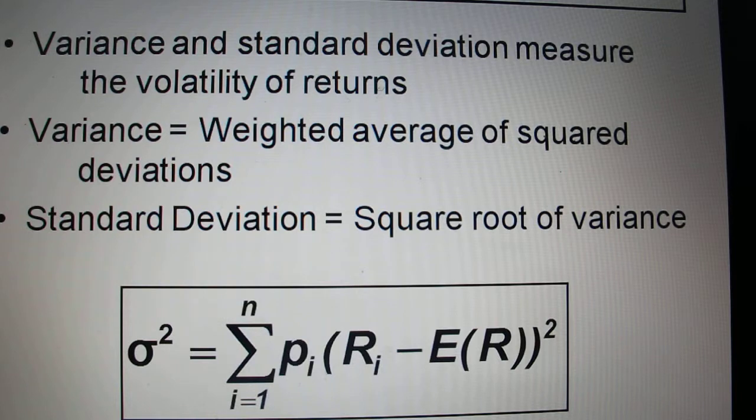So it's important to point out that these formulas are for forecast data and thus use probabilities to weight possible future outcomes, unlike the formulas in Chapter 10 that were using historical data, as past outcomes are equally likely. So variance and standard deviation measure volatility of returns. Variance is going to be your weighted average of squared deviations, and standard deviation is the square root of variance.